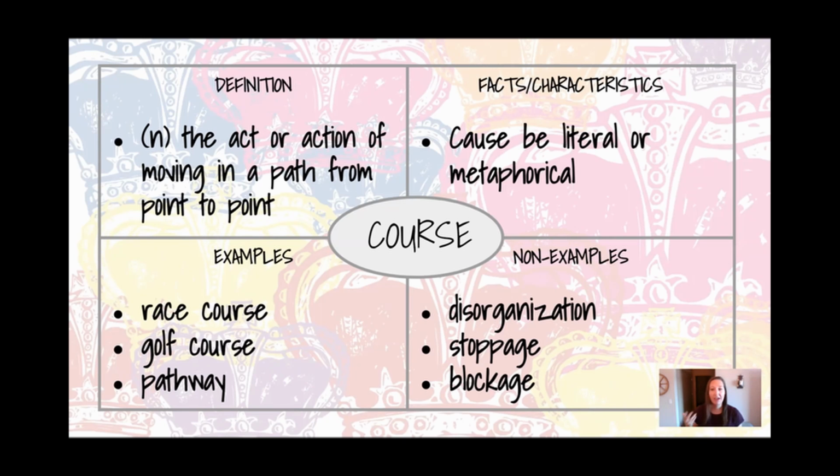Some examples, these are all examples of physical courses: a race course, a golf course, a pathway. All of them have a starting point and an ending point. So that's a good way of thinking about a course, starting and ending, either literal or more metaphorical.